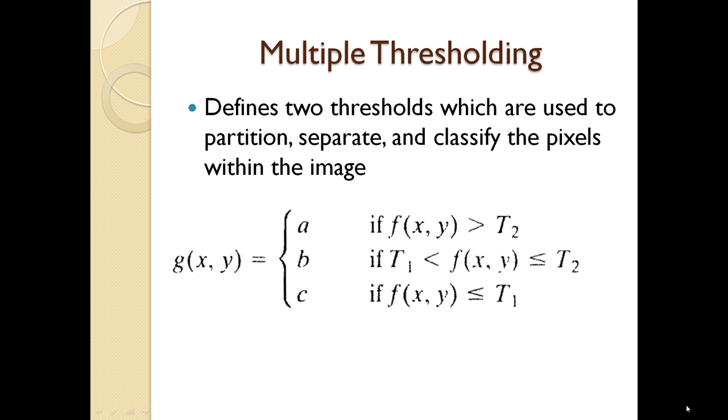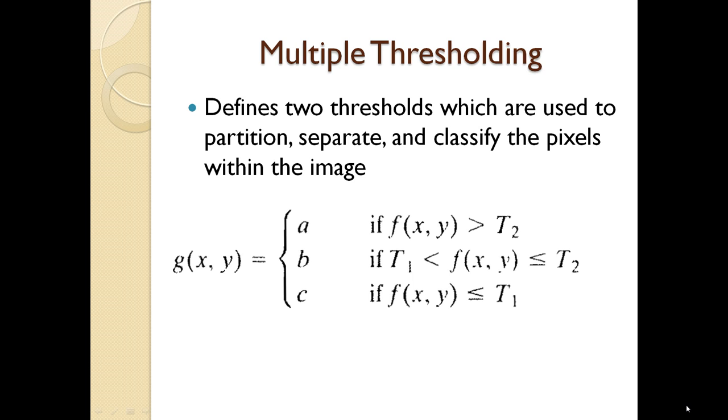So you can have one that is the least intense, the lowest intensity class, which is given by C in here. Then you may have your in-between, the medium intensity class, so to say. And then the most intense pixels will be given as A in this example.